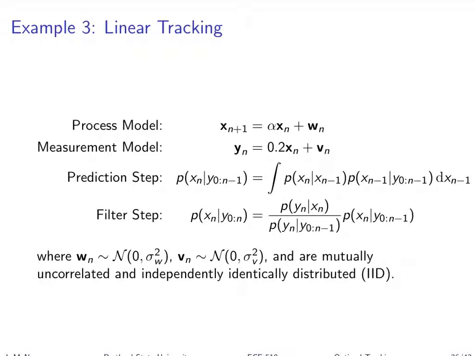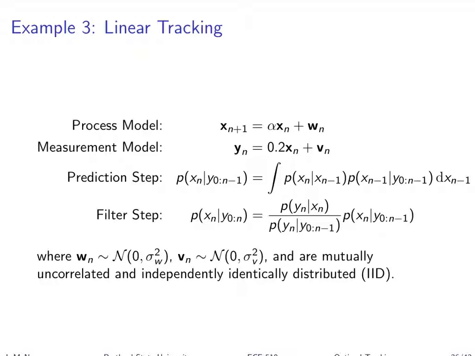Well, we could, but it wouldn't be as accurate to estimate the state as being 5 times yn. I mean, that would be essentially a maximum likelihood estimate. We could do that, but we can do better by incorporating this prior knowledge. So this is just another tracking example, but in this case it's linear. That's the difference. Both the process model and the measurement model are linear.